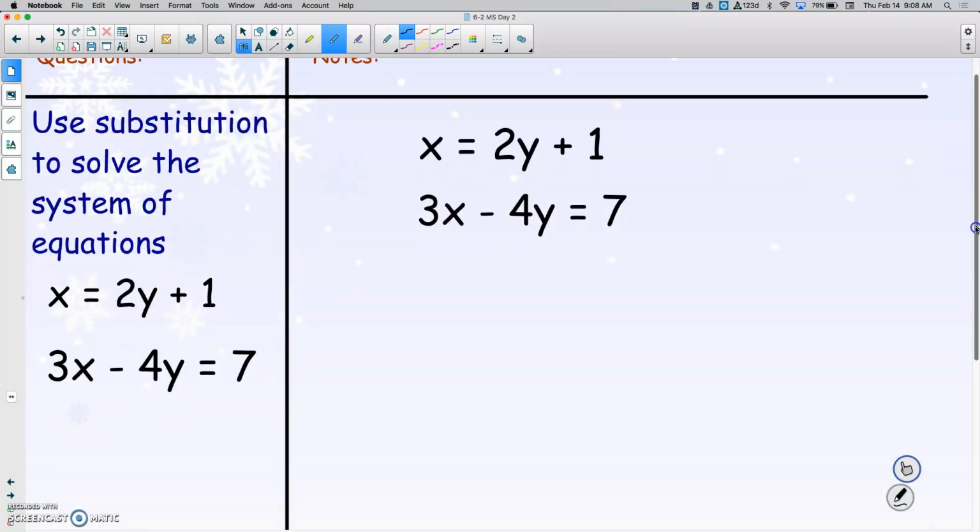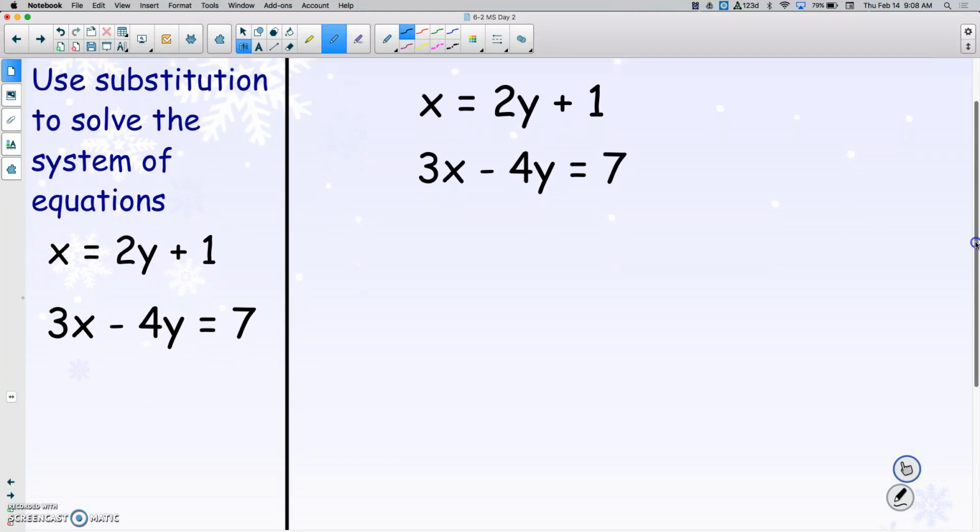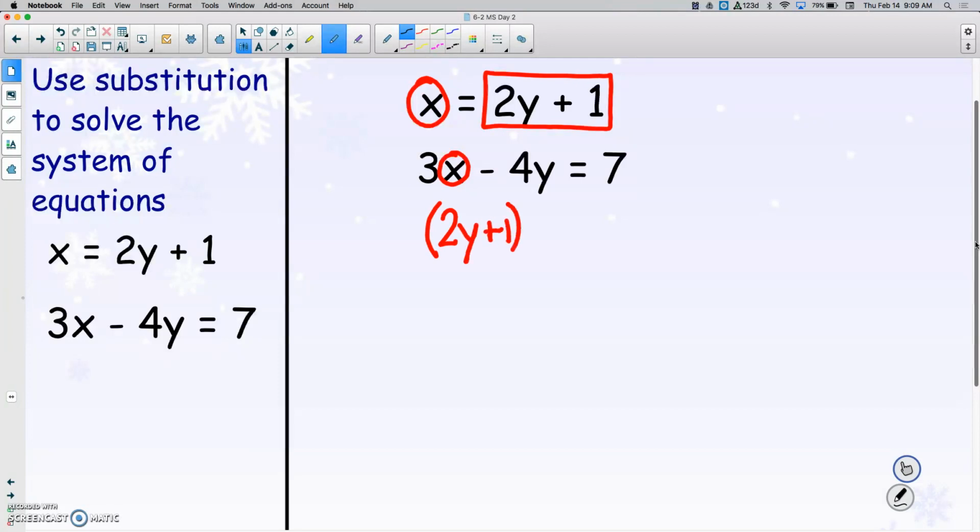My next example, this one, the letter that is all alone is the letter x on the first equation. It's equal in value to 2y plus 1. So where the other x is, I replace it with 2y plus 1. There's a 3 in front of the x, and -4y equals 7 after it.